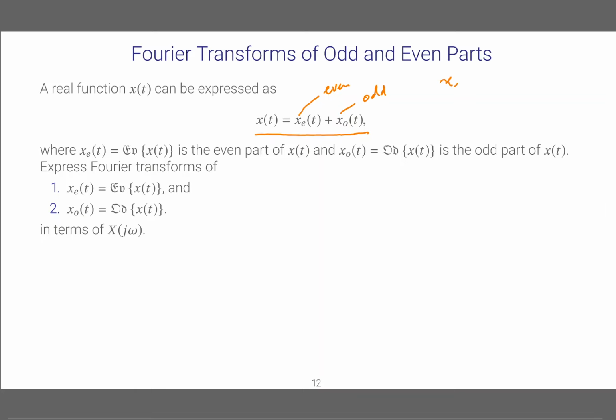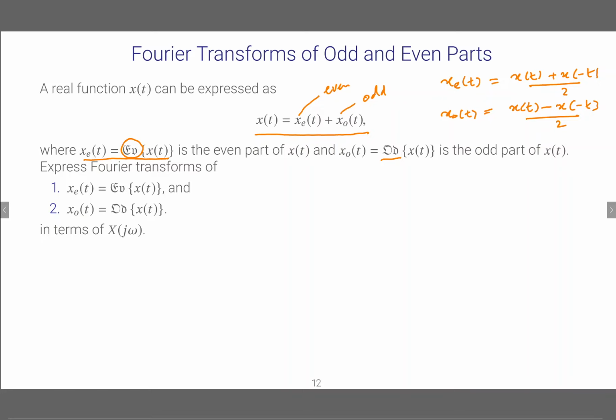The even part of t is equal to (x(t) plus x(minus t)) divided by 2, and the odd part of x(t) is equal to (x(t) minus x(minus t)) divided by 2.